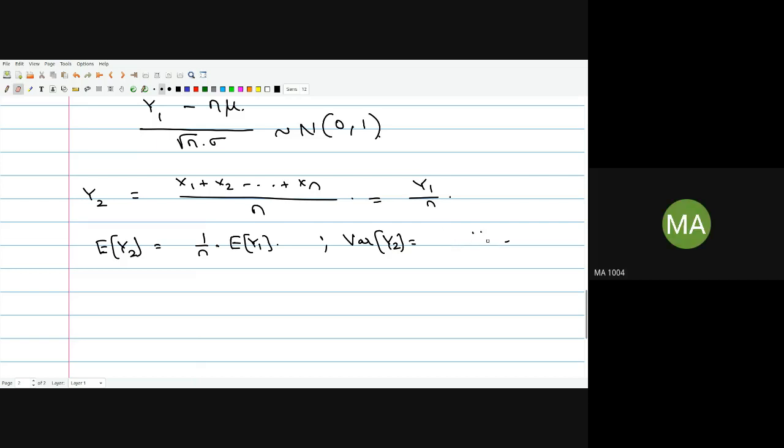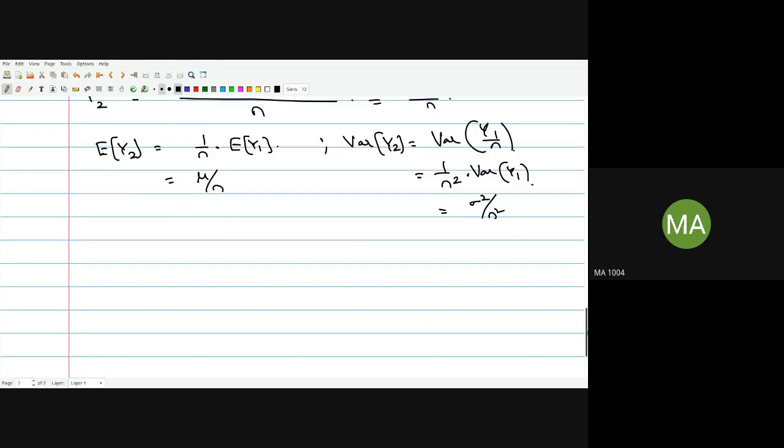If you write y1 by n, 1 by n is a constant, so you can bring it out, and it will be squared when you bring it out of the variance. So it will be 1 by n square times the variance of y1. Here the expected value is mu, and here the variance is sigma square by n.